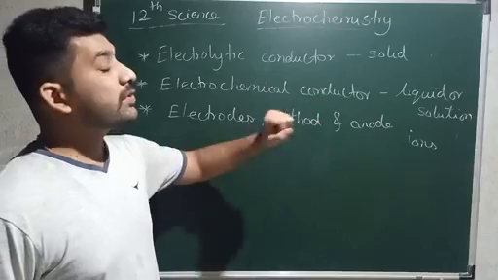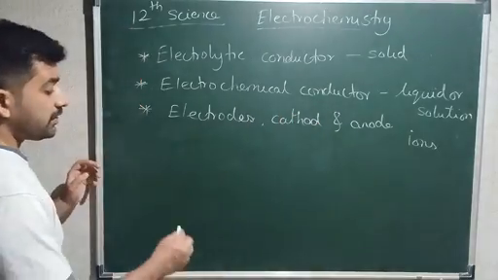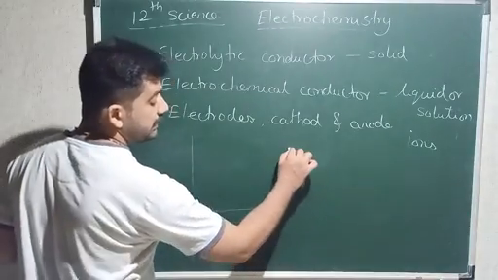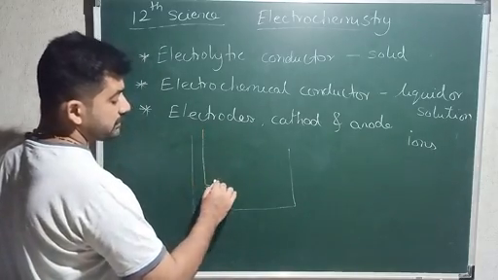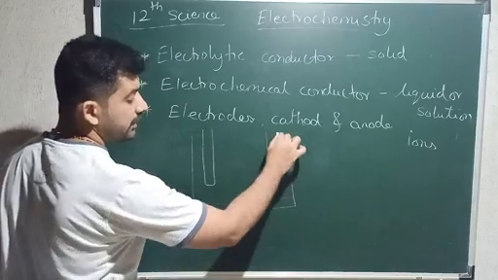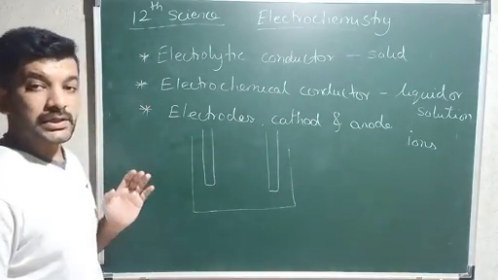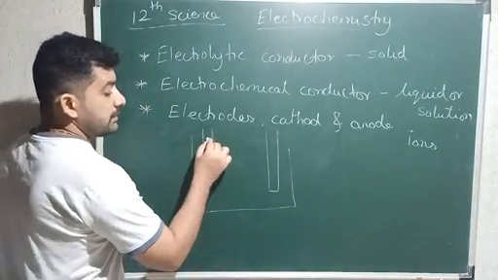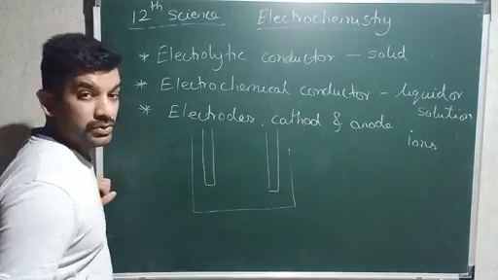Now in electrochemical conductors we need to understand what electrodes are and what the role of electrodes is. These are 2 electrodes.